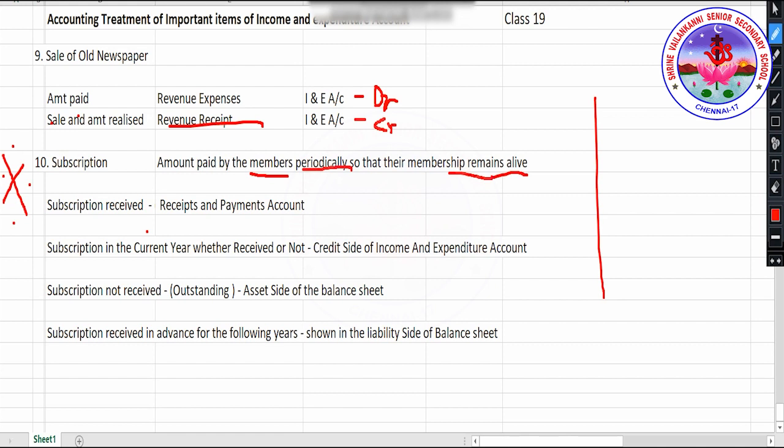Subscription received, whether it pertains to the current year, previous year or the next year, has to be shown on the debit side of the receipts and payments account.